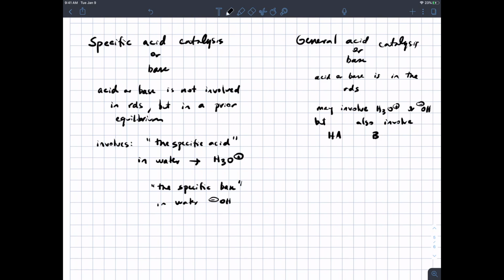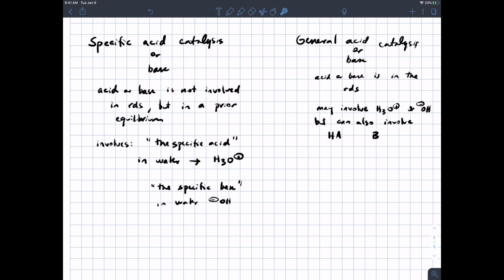And we'll see how that is a little bit later, but the key thing that distinguishes general versus specific acid is this. The acid is in the rate determining step for general acid catalysis. For specific acid catalysis, it's not, but rather in a prior equilibrium.